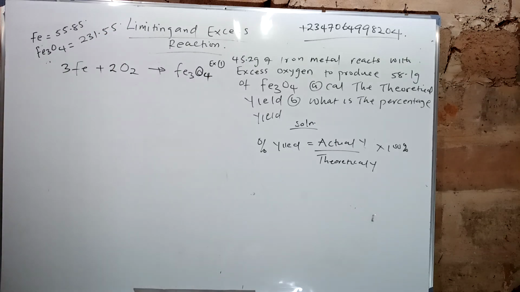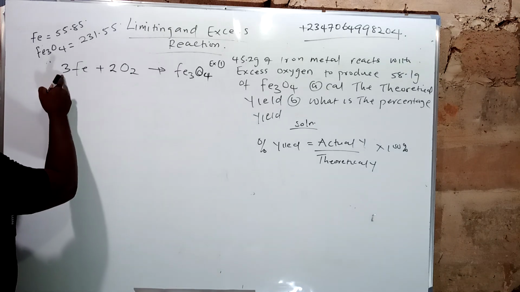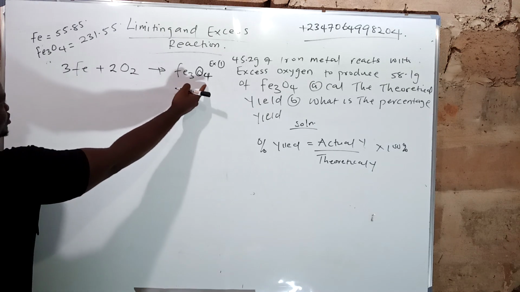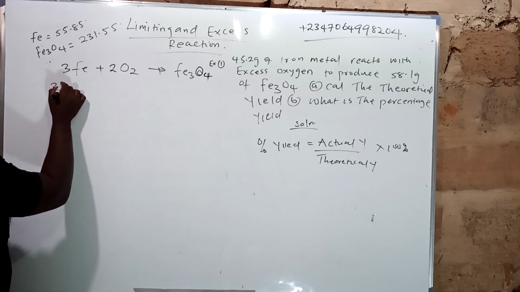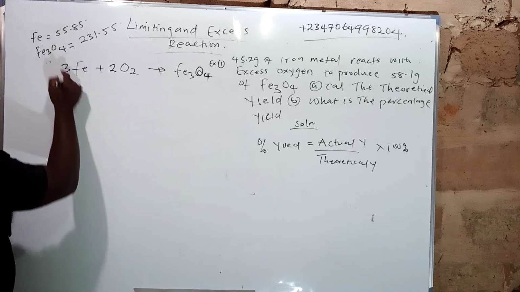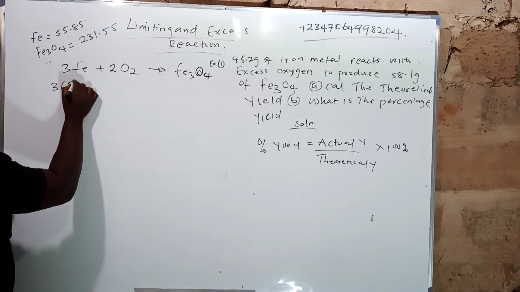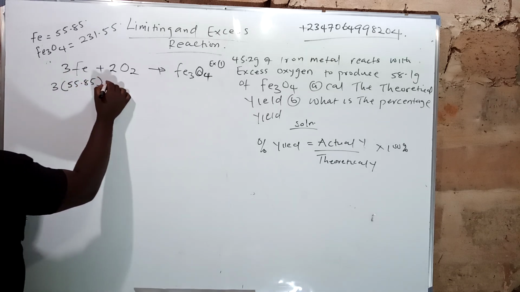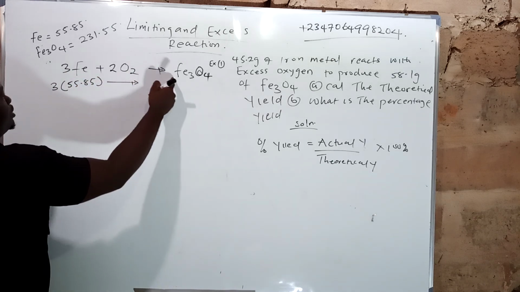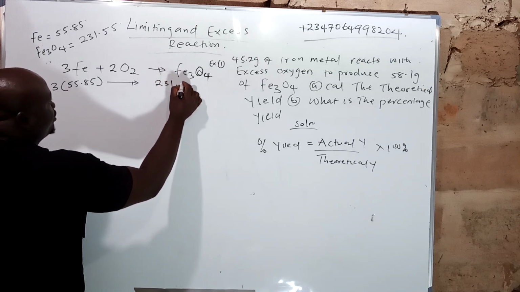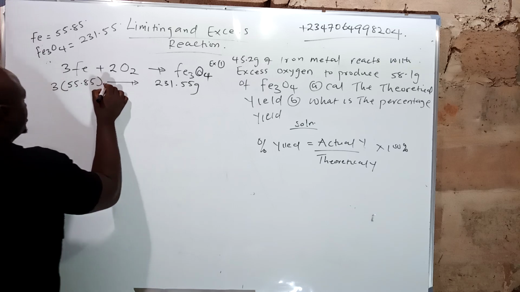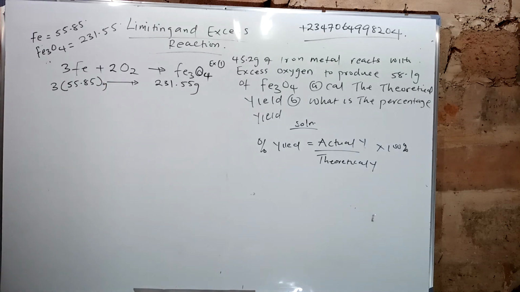So from the stoichiometry, you can see 3 moles of iron react to give you this product. And so what we have is 3 times the molar mass, which is 55.85. That will give you 1 mole of this product, which is 231.55 grams, right? So 3 times this.